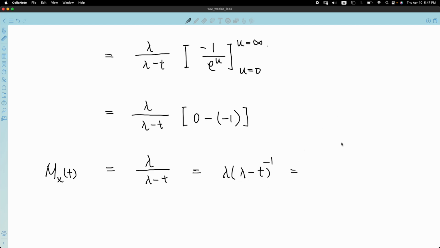There are some other ways, and I can also write it in this way: 1 minus t over lambda, altogether raised to the power of -1. Do you agree with that? So one way to see this is that you can think of 1 as lambda over lambda. So you will have lambda in the denominator, and then lambda minus t in the numerator, and then you take the inverse, you will get this expression back.